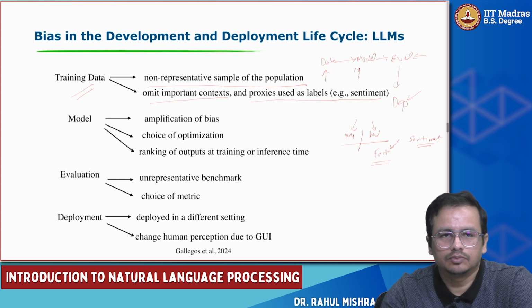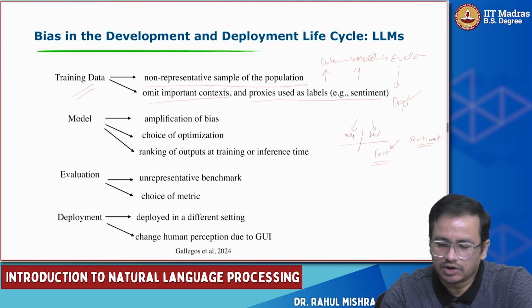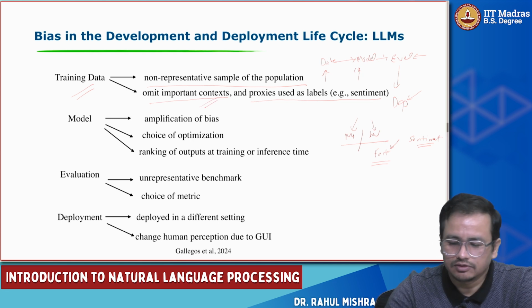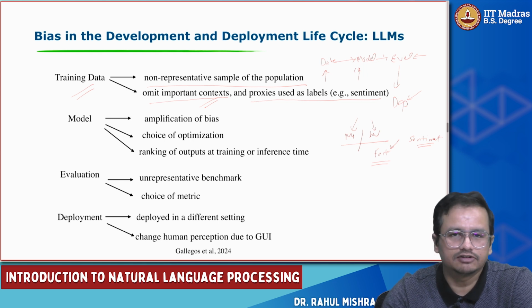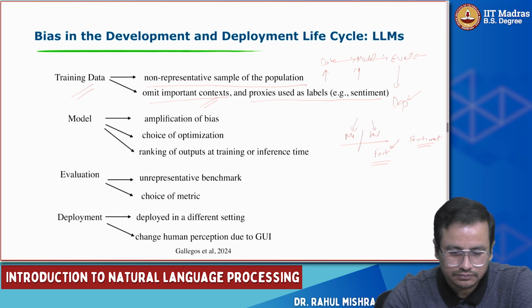So what is the positive perception about something, or the negative perception about a gender, or a race, or a religion and so on, right? If you are utilizing sentiment as a proxy for the factual information, then that's the problem, right? That's where the biases can come into the picture. And you might lose the context also, right? If you are using proxies, you might lose the real context of what might be there, right?